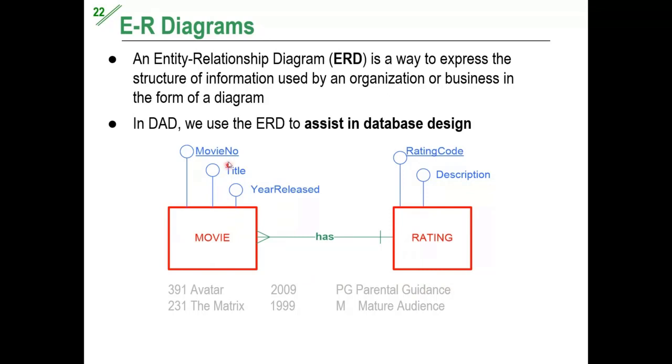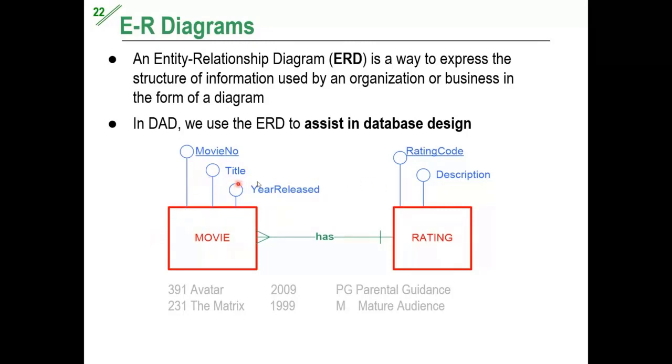And then we can think about what are the characteristics associated with the movie and what are the characteristics associated with the rating. These are called the attributes, right? For example, for movie, we need to capture the movie numbers, the titles, and the year the movie has been released. At the same time, for the ratings, we are interested in capturing the rating codes and the description of the ratings, okay?